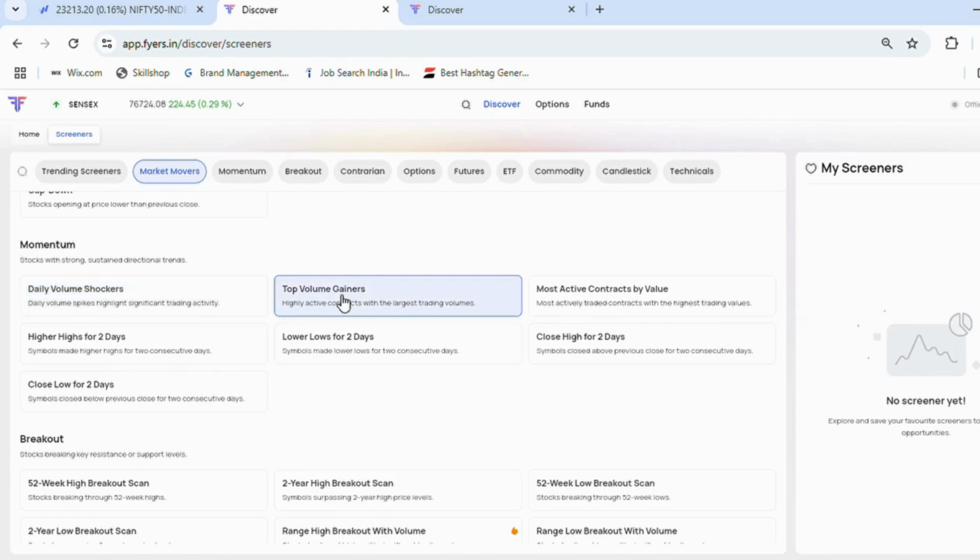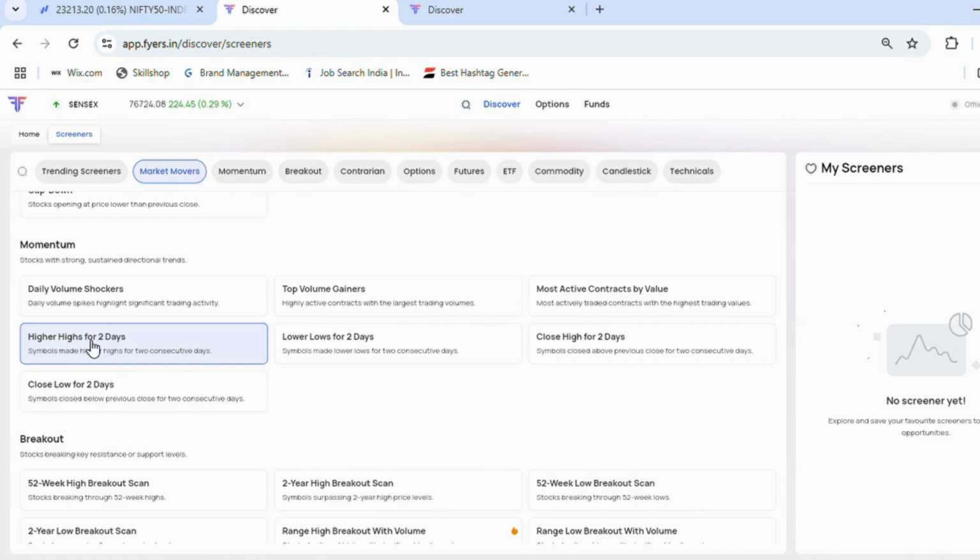This highlights stocks with the highest increase in traded volume, the relative change, which is great for spotting stocks with strong momentum. The third one is the most active contracts by value, which identifies high value trades, especially in highly liquid or popular stocks, which is best for spotting high volume opportunities in futures and options.